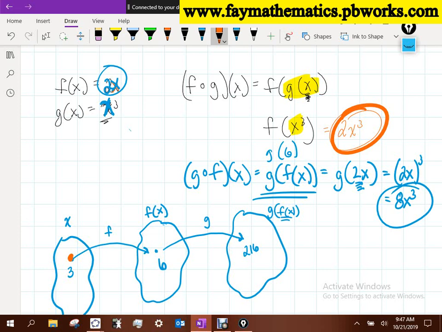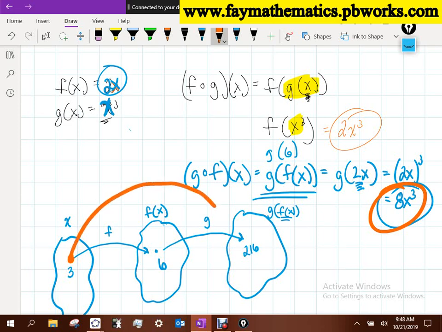Am I looking at the right one? Oh, yeah, I'm sorry. We're doing 8x cubed. I circled the wrong one. That one. There we go. What is 3 cubed? 27. And then multiply that by 8? 216. So that allows me to go straight from there straight to there. Does that make sense?